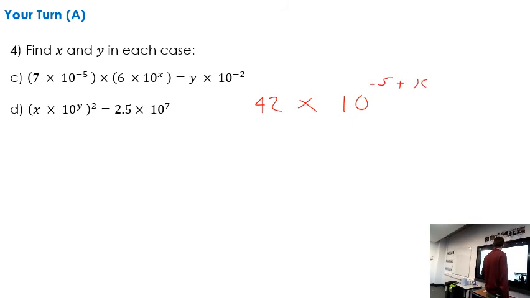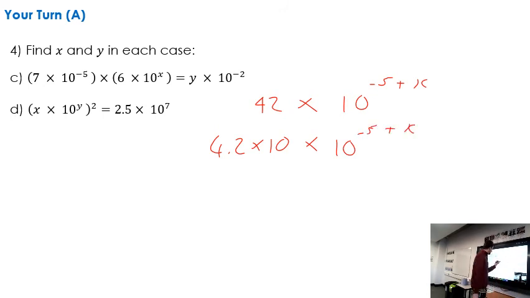Okay. We've got to be a bit careful here since this 42 has to be a number between 1 and 10. So we're going to make this 4.2 times 10 times 10 raised to negative 5 plus x. And this is going to be 4.2. Add the powers. So 1 plus negative 5 plus x.